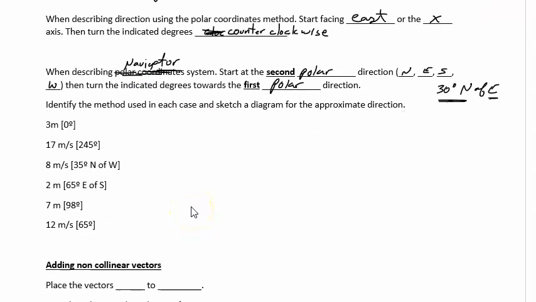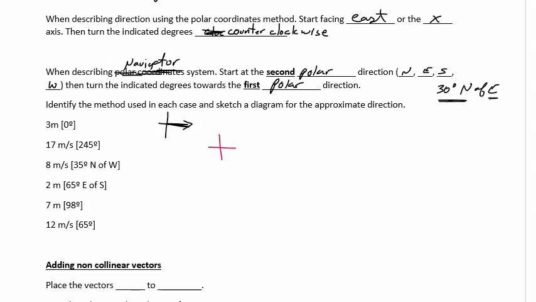So let's take a look at each of these and try to identify what is used here. Now the first one, if you do not have a north, east, south, or west, we're going to assume that it is the polar coordinate method, or the RCS, the rectangular coordinate system. So 3 meters at 0 degrees. This one is just going to go straight towards the east, 3 meters. 17 meters per second, 245 degrees.